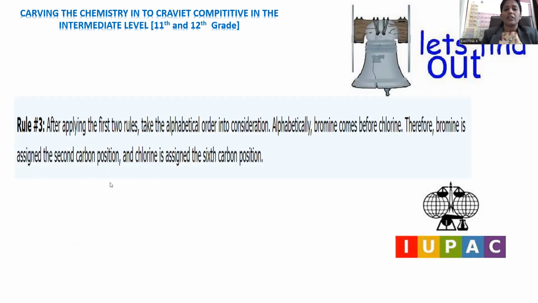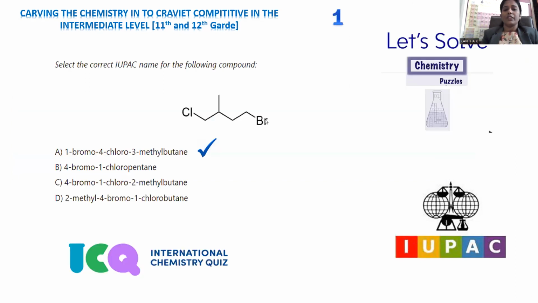So alphabetical order means what? Here we have bromo and chloro. Bromo for B, chloro for C. So we have to go for least numbering. That means B will come first over C. That's the reason why bromo will get first priority over chloro. So 1 bromo, 4 chloro, 3 methyl butane.